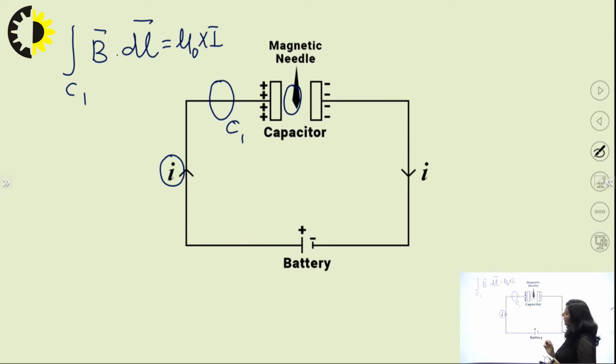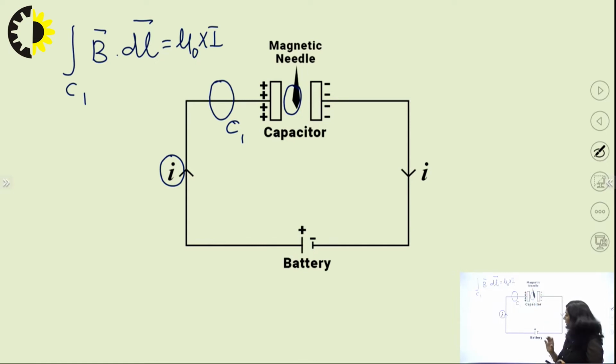Now we are applying the same Ampere's law for loop C2, but you have to remember the actual position of loop C2. That loop is between these two plates. This is the first plate, and this is the second.